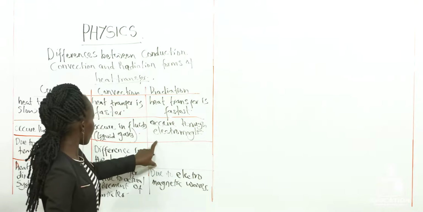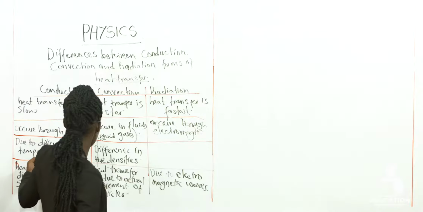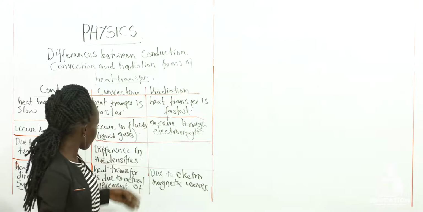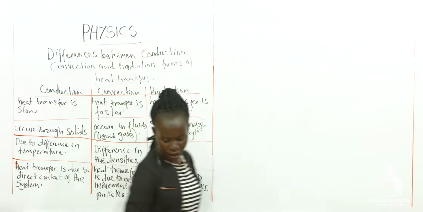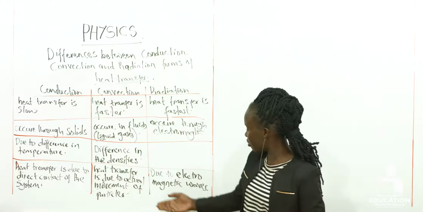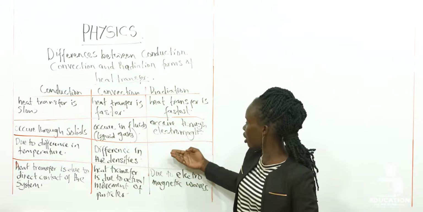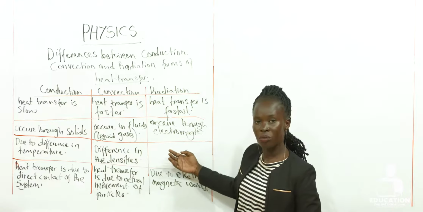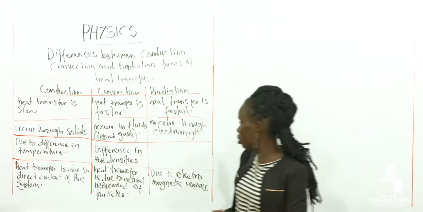We have not written where we are saying that it is due to a difference in the temperature, or a difference in the density. So what do we have as our electromagnetic there? We are saying it is due to the fact that if anybody has a temperature that is more than 0 Kelvin, it will experience radiation.